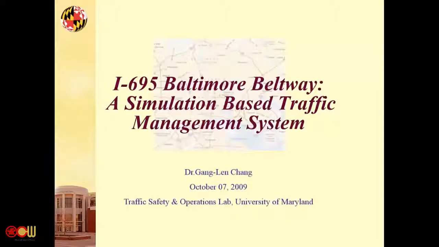And then the next one I will show you again uses a smartphone approach to mitigate traffic congestions. This I-695 is in Baltimore. The ones I show you, one is Washington D.C., one is Baltimore.